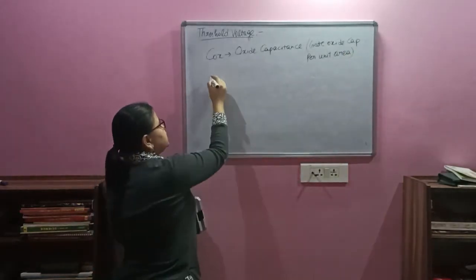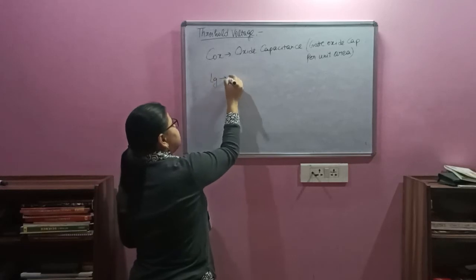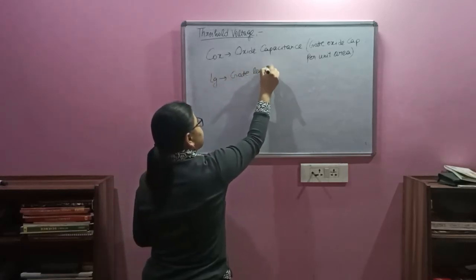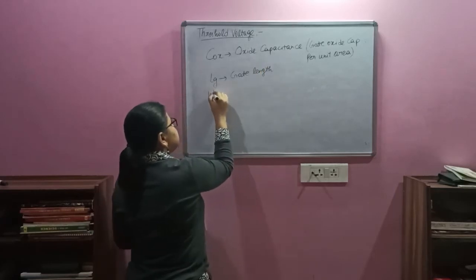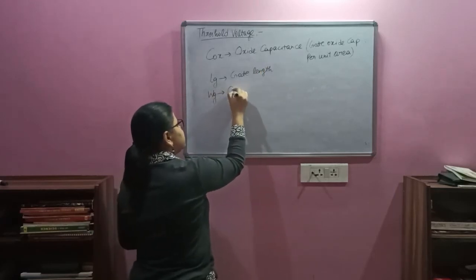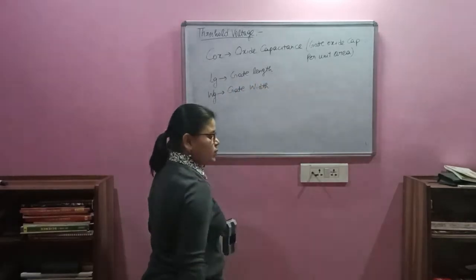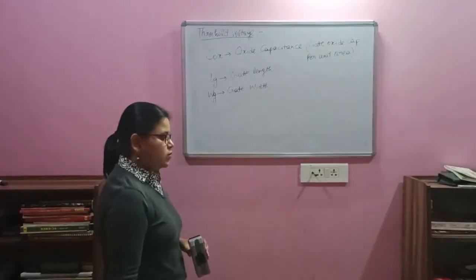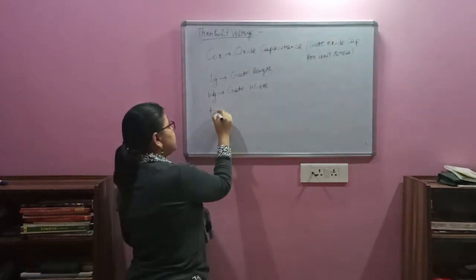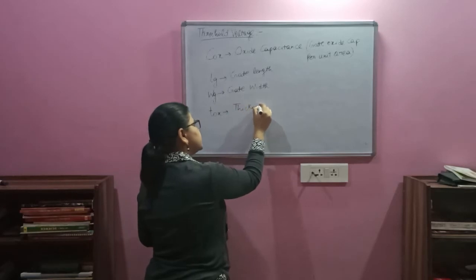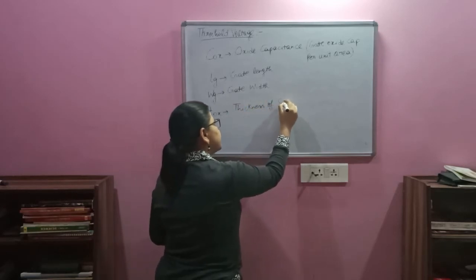Now let's assume that Lg is the gate length, Wg is the gate width, and T oxide is the thickness of the SiO2 layer.